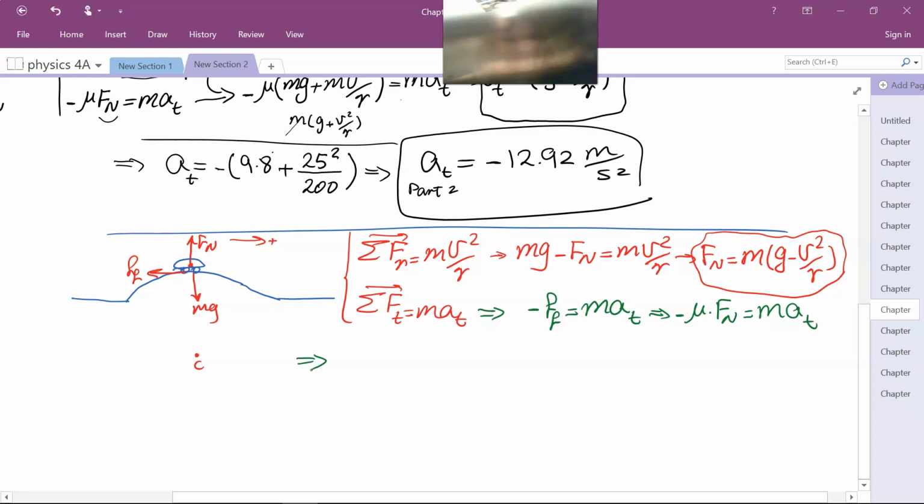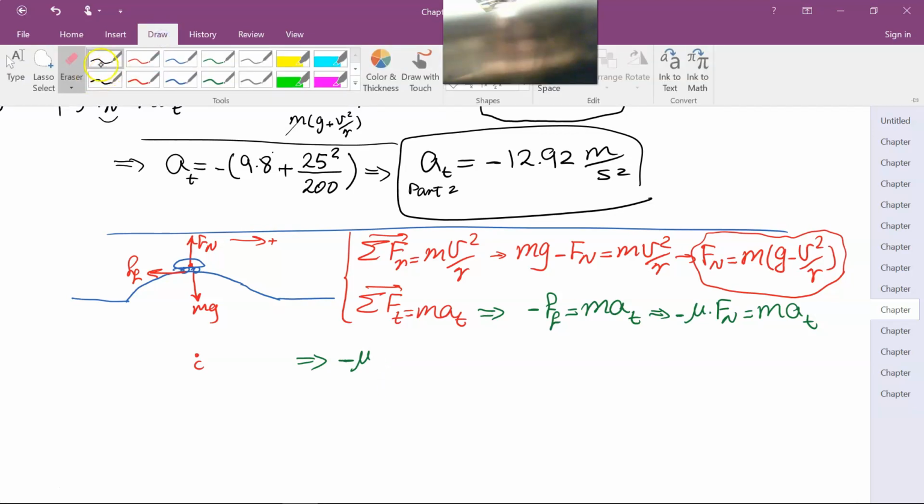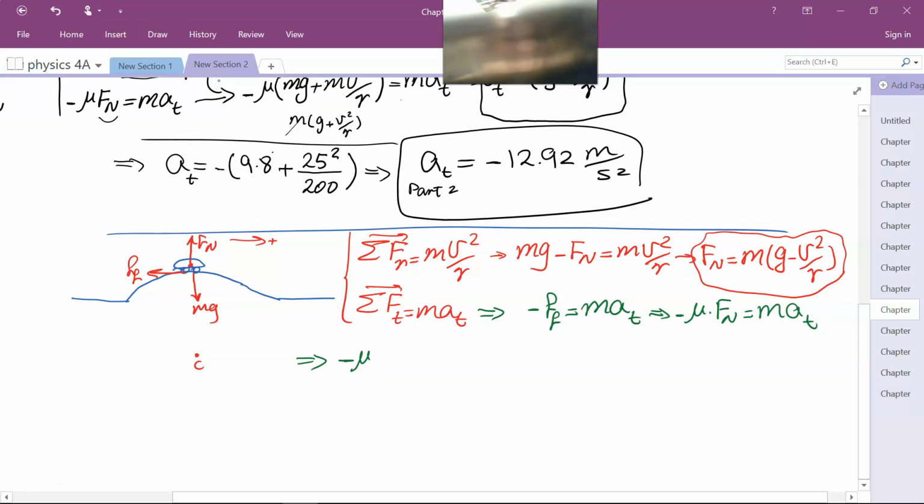Therefore, substitute. You have to redo these problems very carefully. Mu Fn is m times g minus v squared over r, equal mat.